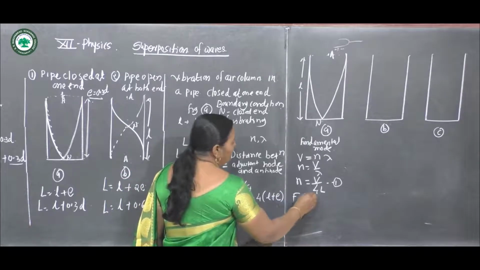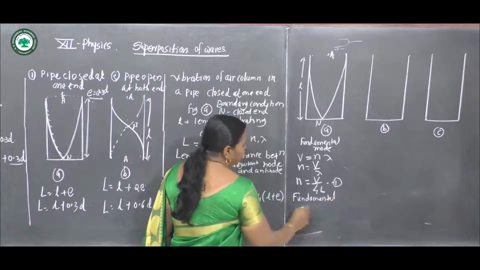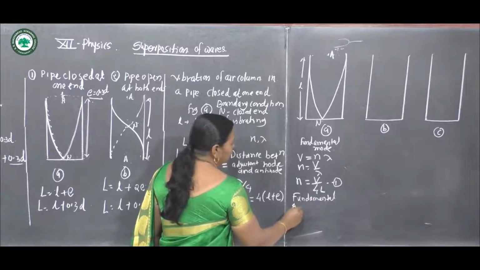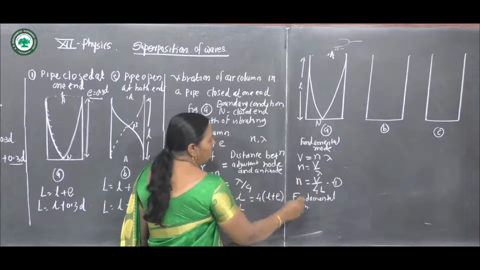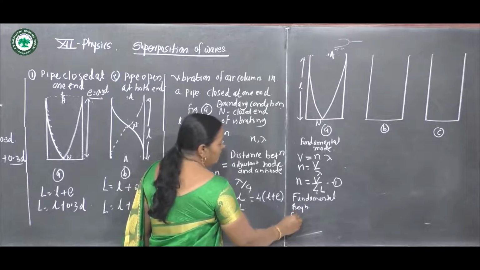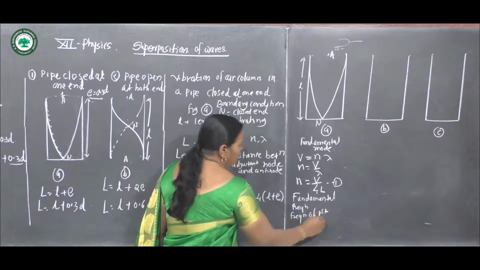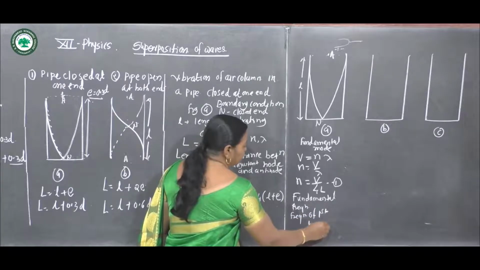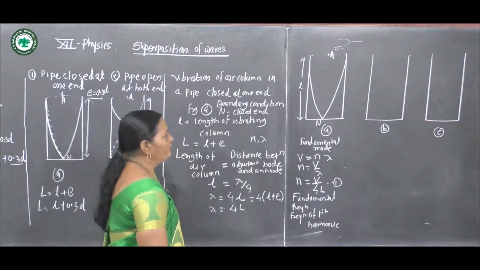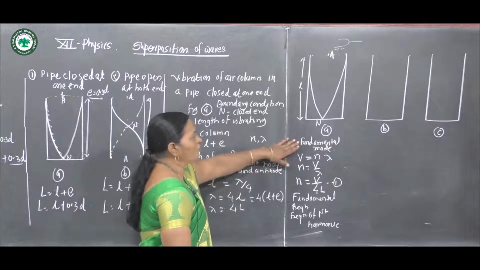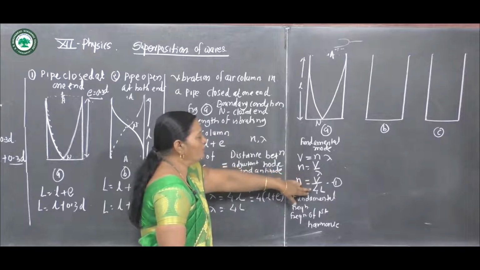It is also called the first harmonic, or frequency of first harmonic. In fundamental mode of vibration, n is equal to V upon 4L.